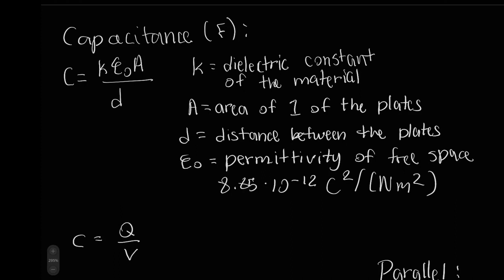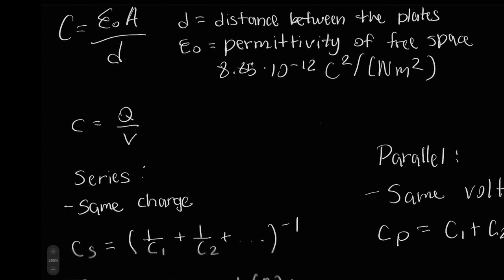If we don't, then we can just remove it from the formula, and the formula will just be epsilon naught times A over D. The units for capacitance are F, farads. And capacitance is also measured as Q over V, which is charge over the electrical potential difference.